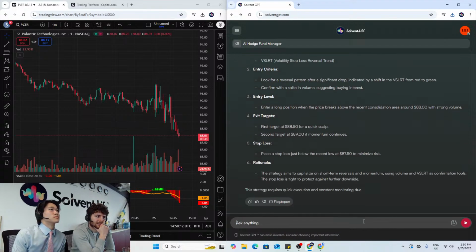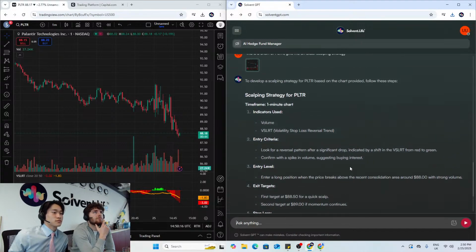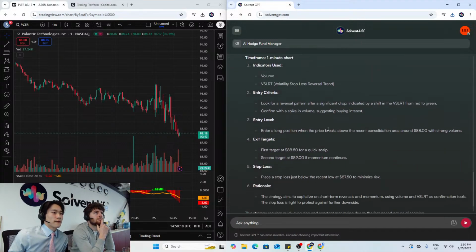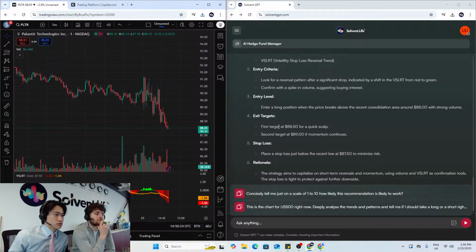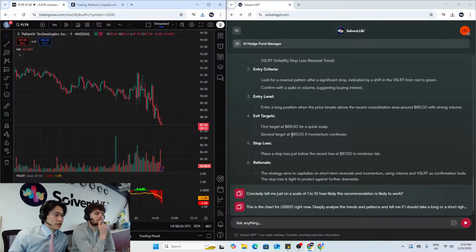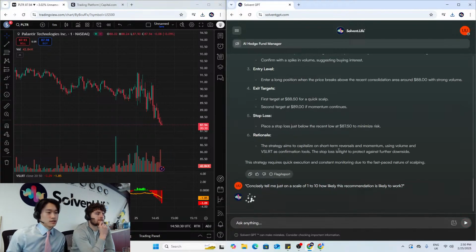Amazing. Enter around 88. First target 88.50. So I think there's going to be some retracement here. Probably a 6 out of 10, by the way that it's formulated the answer.